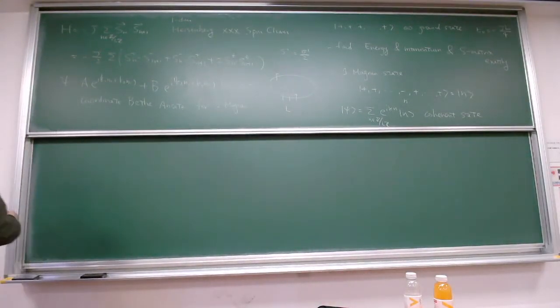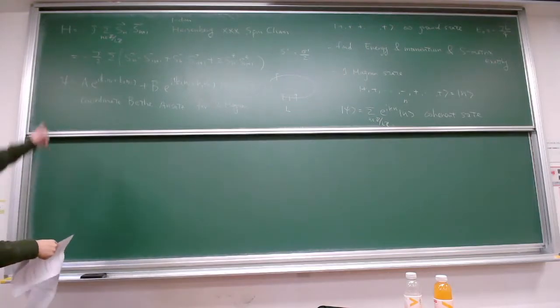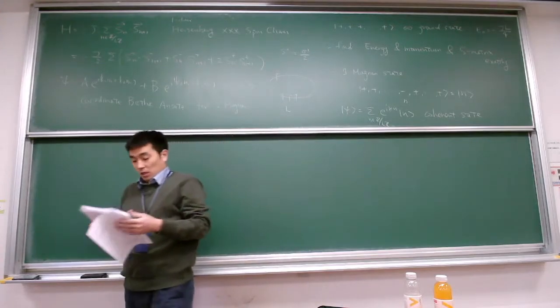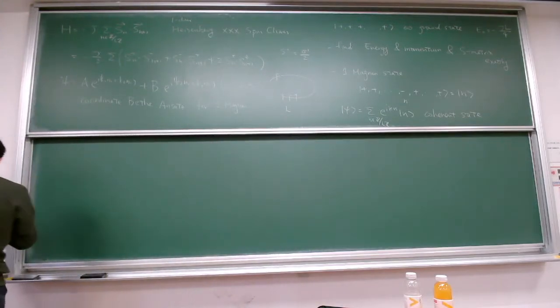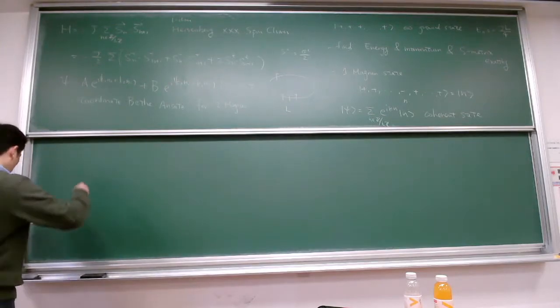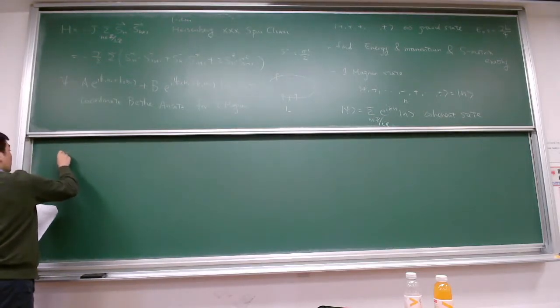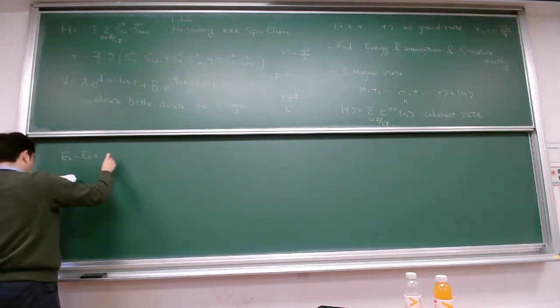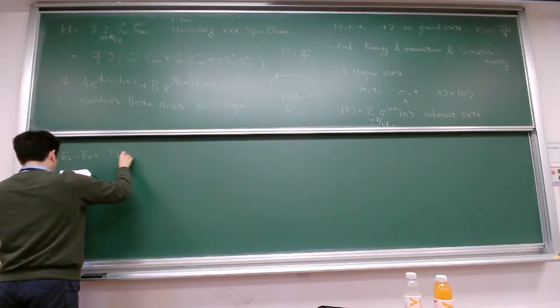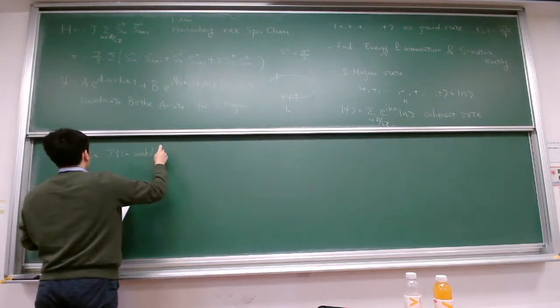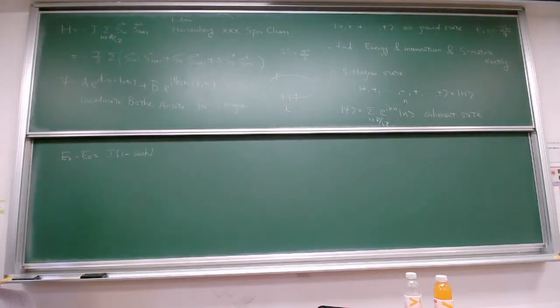So that's what we consider, and we derive how this Hamiltonian acts on these coherent states. We determine that E_k minus E_0 is equal to J times (1 minus cos k). This is the eigenvalue.